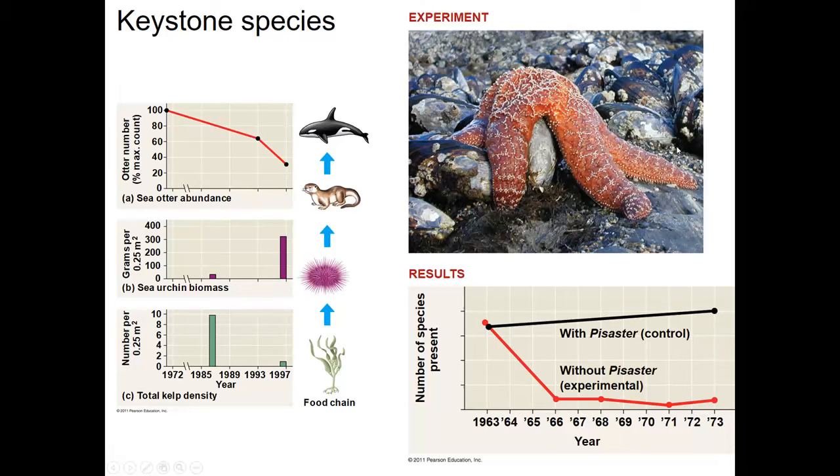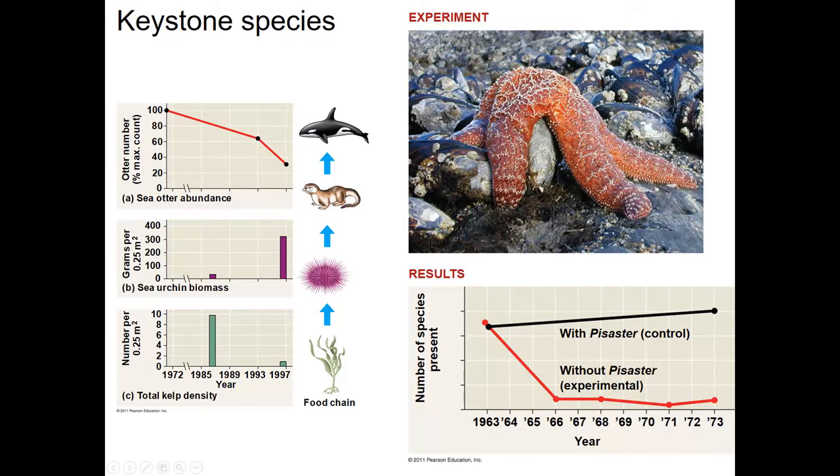Another example of a keystone species would be the sea star Pisaster. Pisaster is the genus name, and Pisaster is the top predator in this scenario. Pisaster likes to eat these mussels you see on this beach.